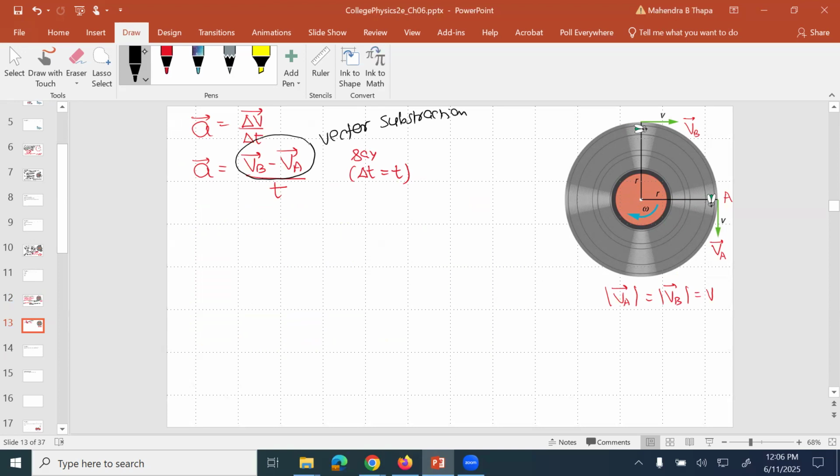We have learned the skill of how to subtract vectors.